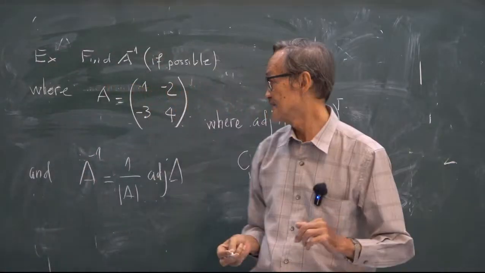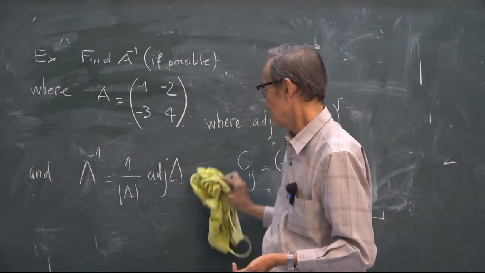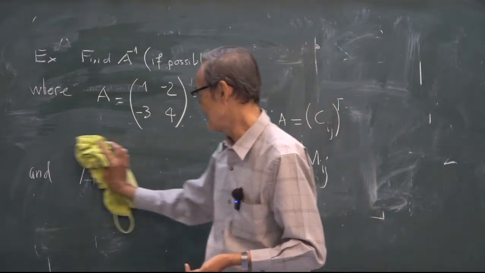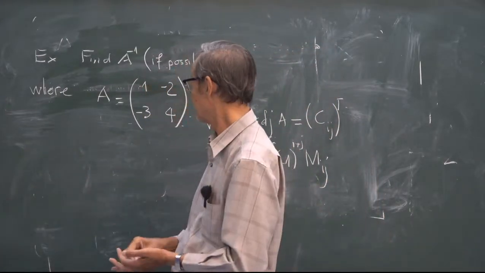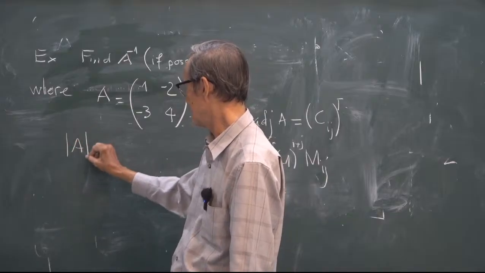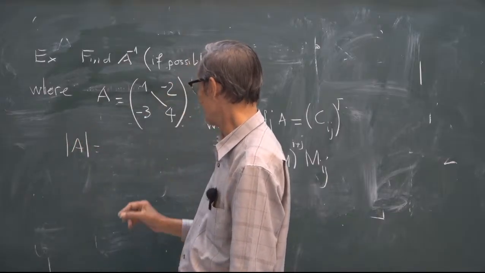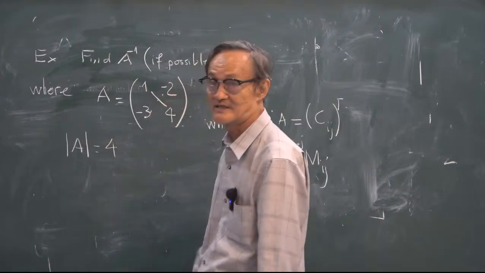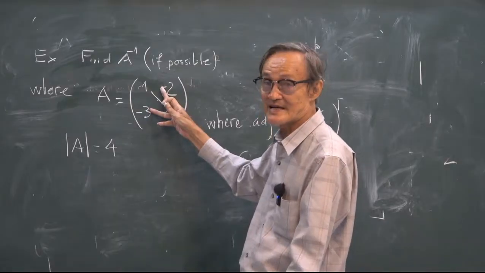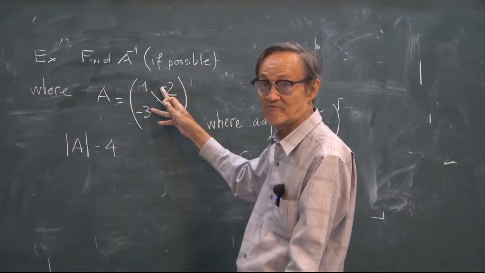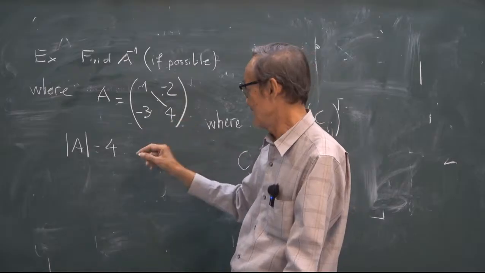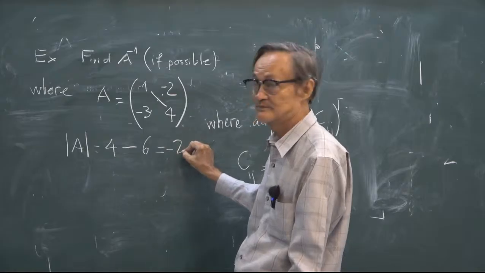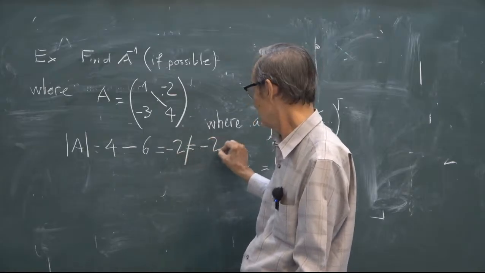First we have to find its determinant. For A, the main diagonal: 1 times 4 is 4. Sub-diagonal: 2 times 3, minus sign becomes plus, so 4 minus 6, which is different from 0.